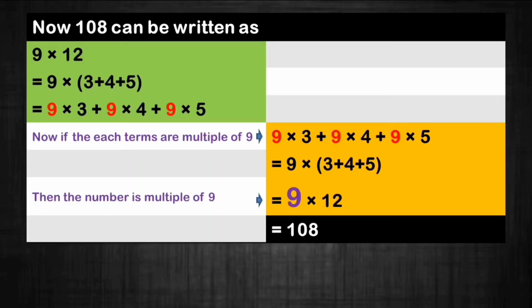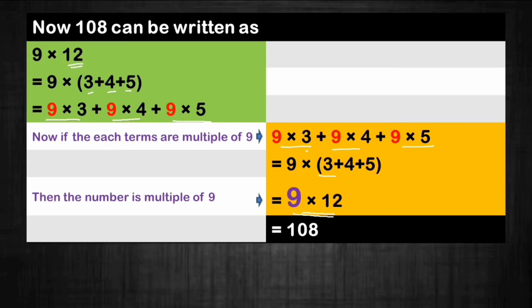Now let us see 108. We can write it as 9 into 12. We can separate 12 as 3 plus 4 plus 5. Then, separating, we get 9 into 3 as one term, 9 into 4 as another term, and 9 into 5 as another term. All these terms are multiples of 9. This can be written like this, and it can again be written as 9 into 12.